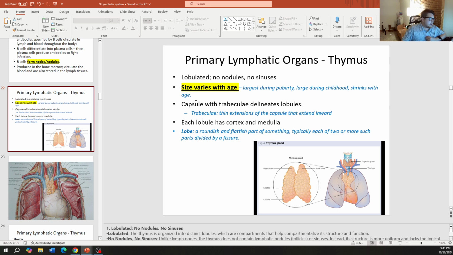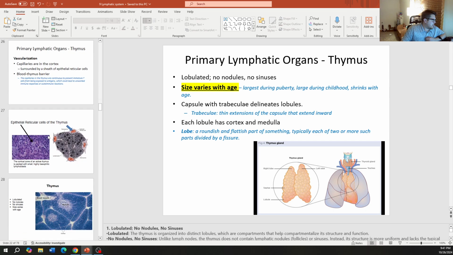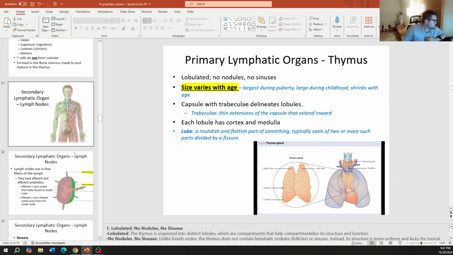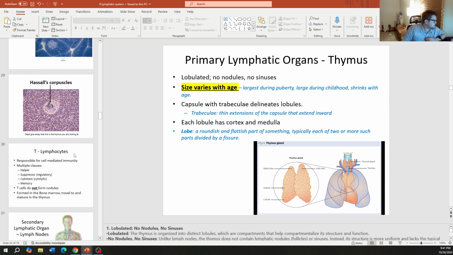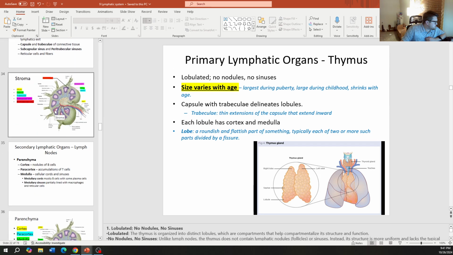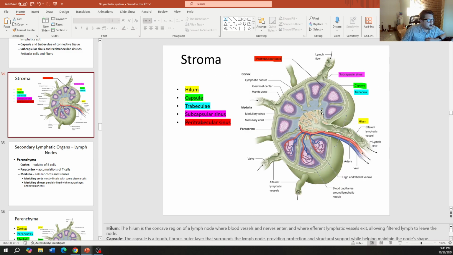There is a capsule which surrounds the thymus, and it has these things called trabeculae. So these are kind of little thin extensions of the capsule. I think I had a picture of it somewhere. Yeah, here. These trabeculae. So this outer layer is the capsule.